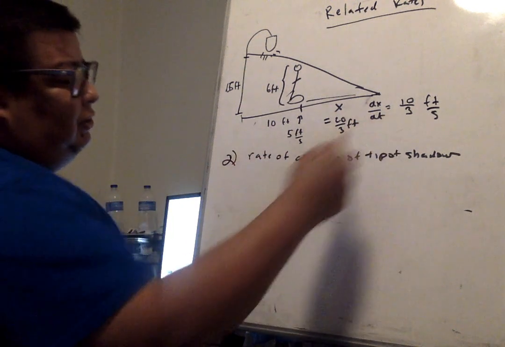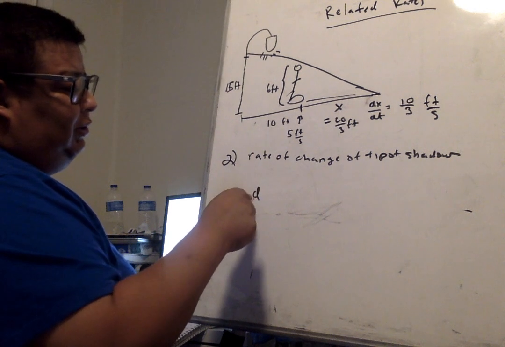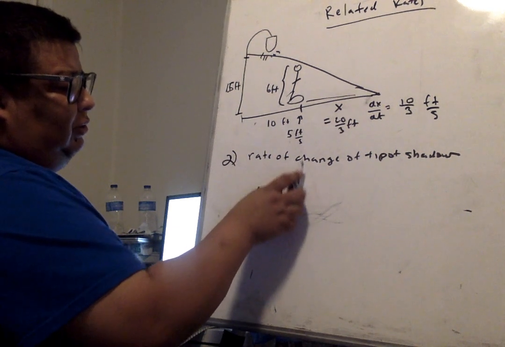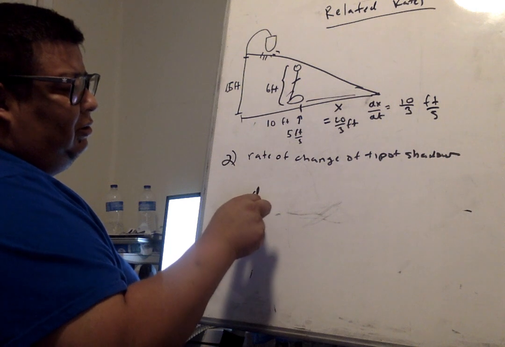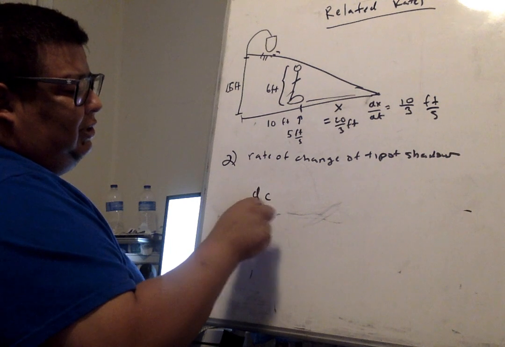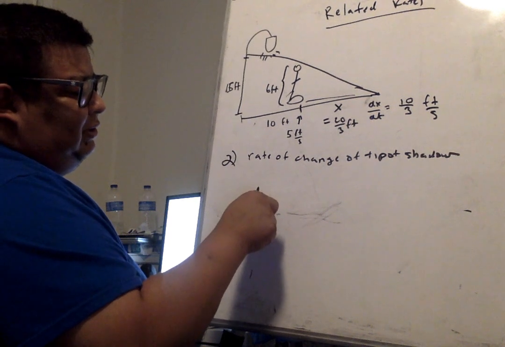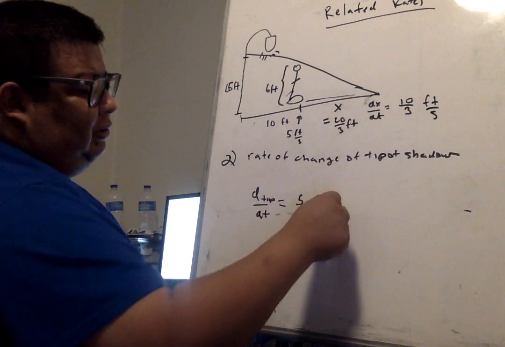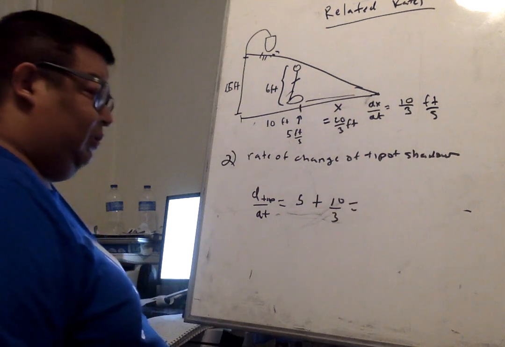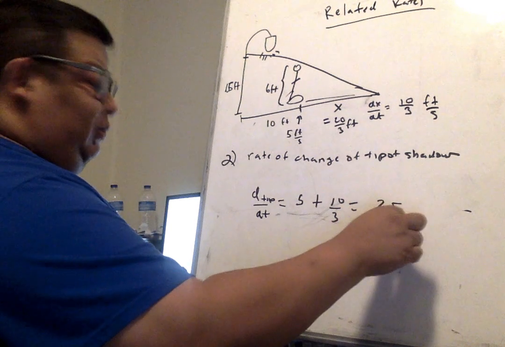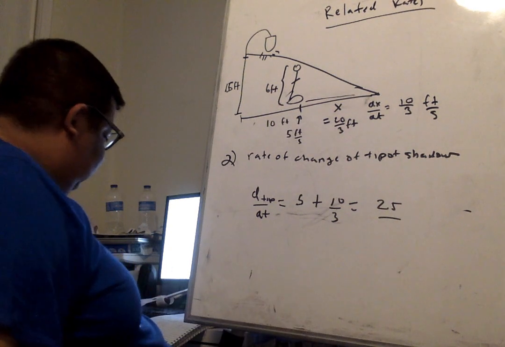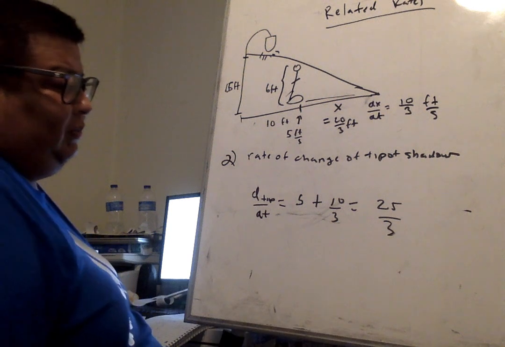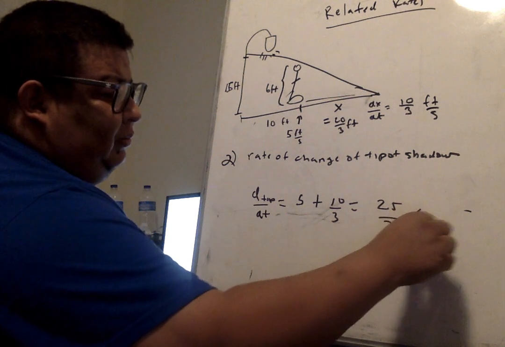Now we just need to add this plus this. The length of the tip, from here to here, I'm going to call it d-tip. d-tip/dt is equal to 5 plus 10 over 3, which is equal to 25 over 3 feet per second.